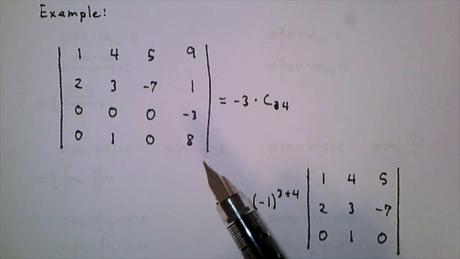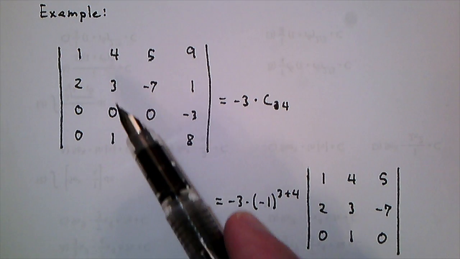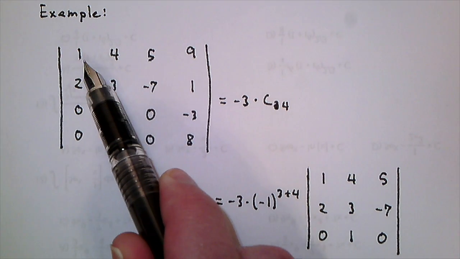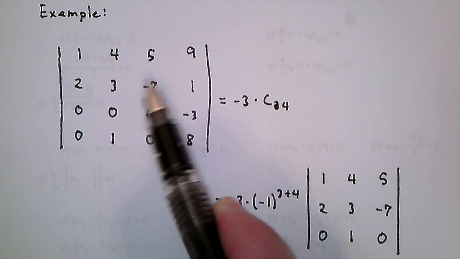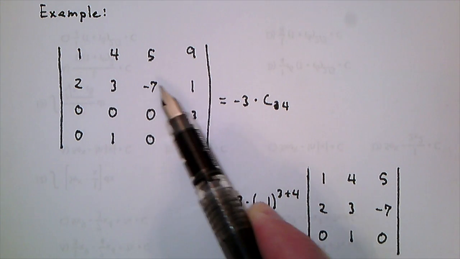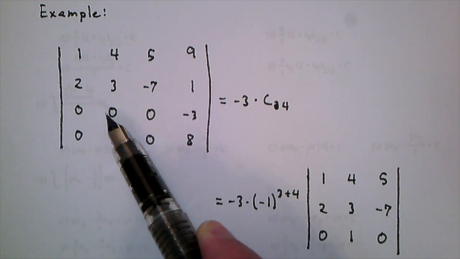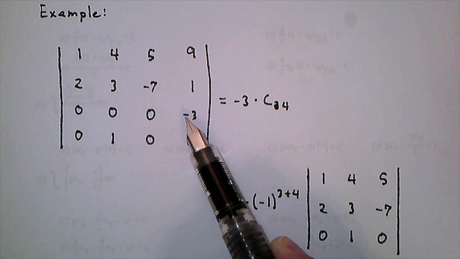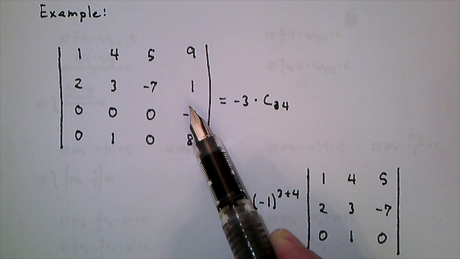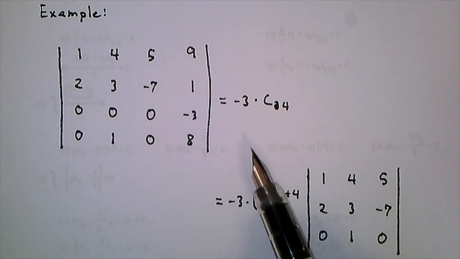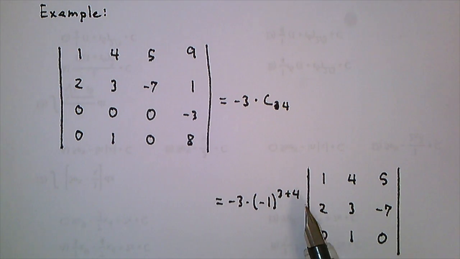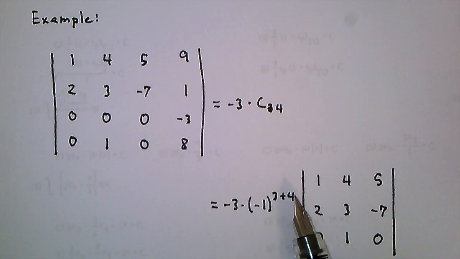You could also think about the pattern continuing from our 3 by 3 pattern. We would have a plus, minus, plus, minus, plus, minus, plus, minus, plus, minus, plus, minus. So this element here corresponds to a negative sign on the cofactor. And we saw the same thing here when we had minus 1 to the 7th power.